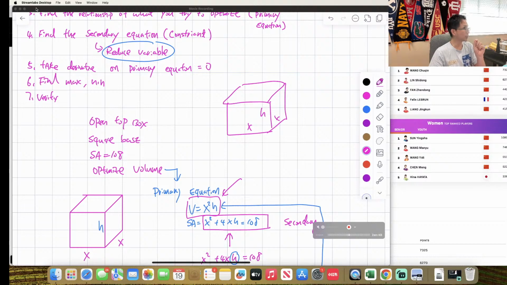Write down your primary equation and write down your secondary equation. The secondary equation is used to reduce a variable. Yesterday, you see all the questions go through a similar process. It's kind of like the problems on related rates, except in related rates you take the derivative with respect to t.